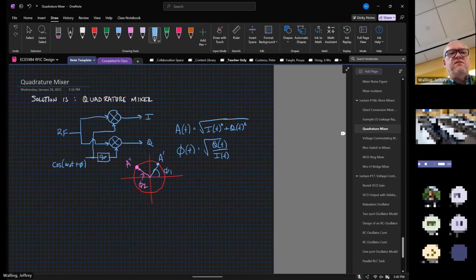You can see here each of the phases of the oscillator, the relative phase of the LOs going into the mixer is fixed at 90 degrees. I do that by adding an explicit 90-degree phase shift in the path of the LO, or more conventionally nowadays, when I make my oscillator, a quadrature oscillator.